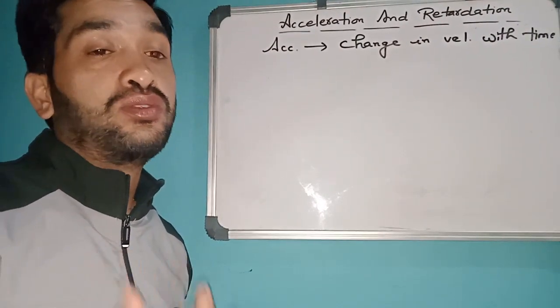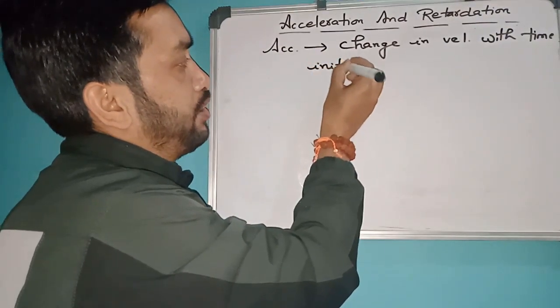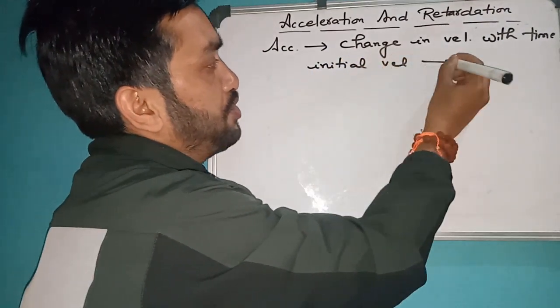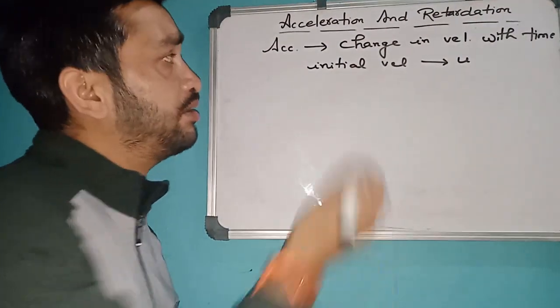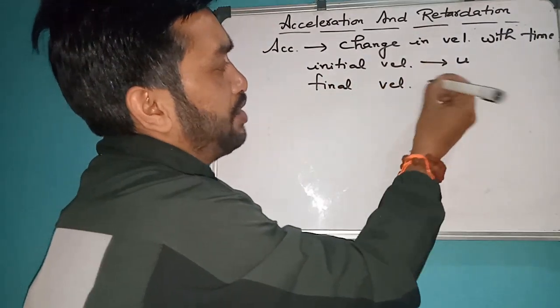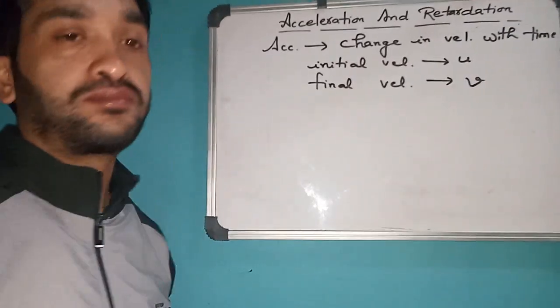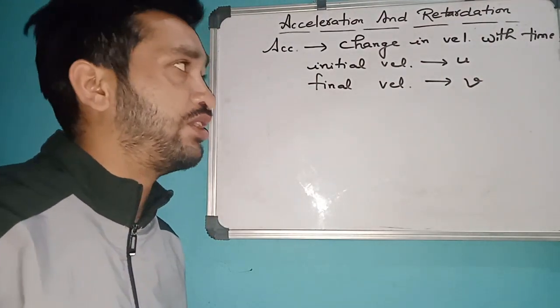There is a sign convention for it. Initial velocity is denoted by u, and final velocity is denoted by v. u for initial velocity and v for final velocity.